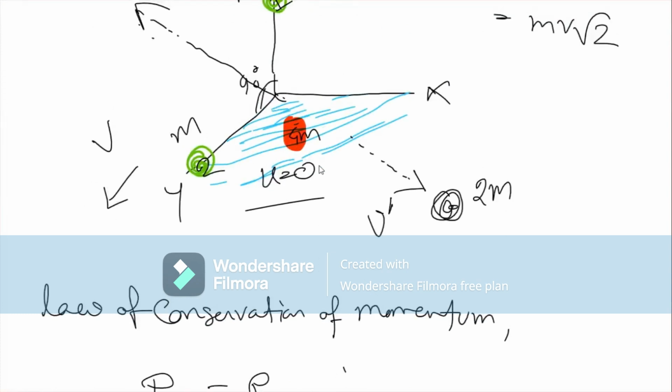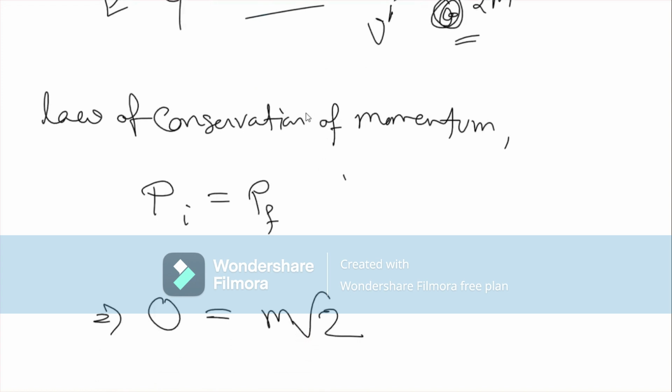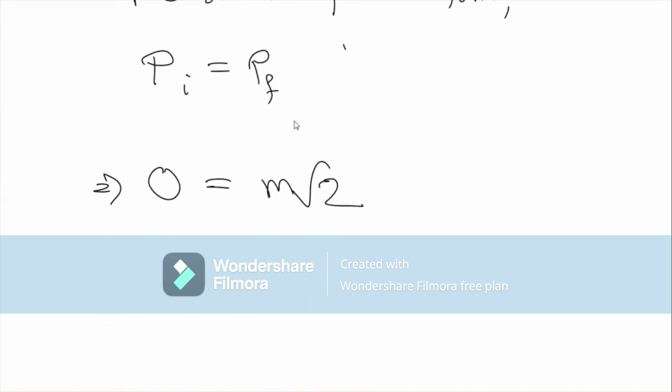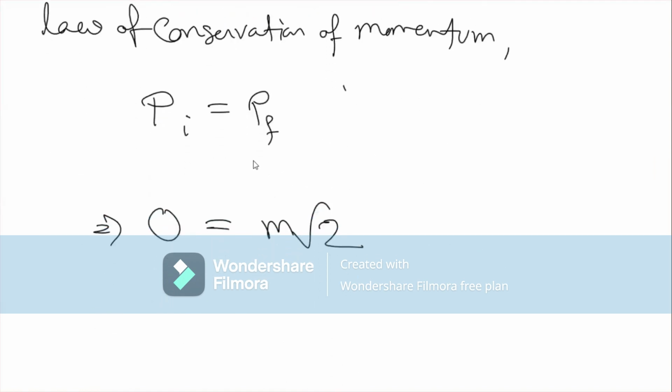So now if we put this mv root 2, and for this third mass, that is 2m, the momentum will be 2m into v dot.